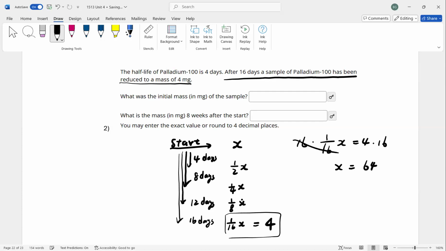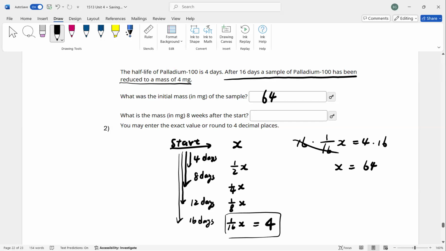So the initial mass of the sample is 64 milligrams. You don't have to write milligrams because it's already specified in milligrams. That's the first part: we use the meaning of half-life to figure out the initial mass of the sample. 64 milligrams.